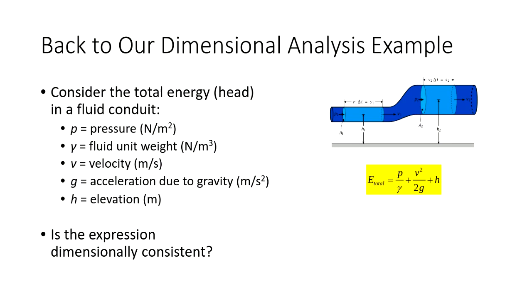By conduit, you could think pipe, like a pipe with fluid in it. You get energy from really 3 different places. You get it from the pressure head, the velocity head, and the elevation head. And so you see these 3 terms in this expression, P over gamma plus V squared over 2g plus H.